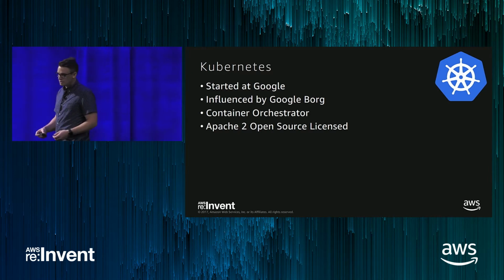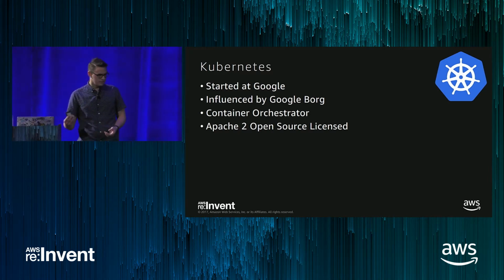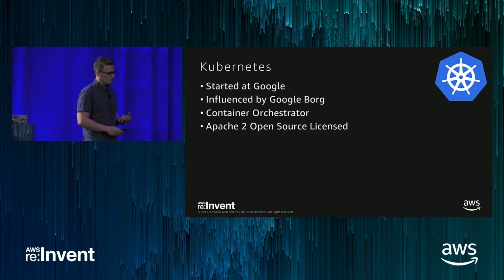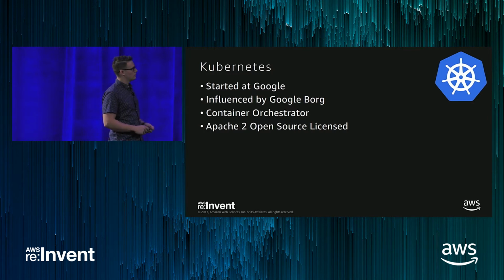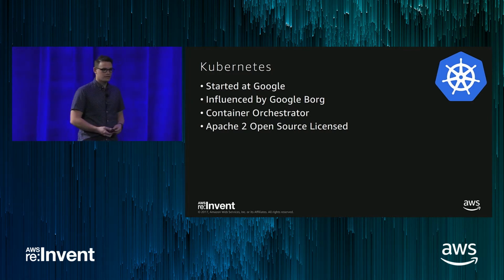So a team of Joe Beda, Craig McLuckie, and Brendan Burns. Joe and Craig actually work for Heptio, who are a container partner of ours, as well as Brendan, who's now at Microsoft.